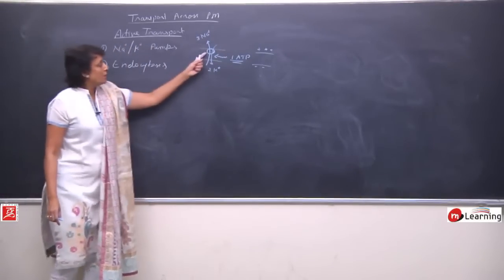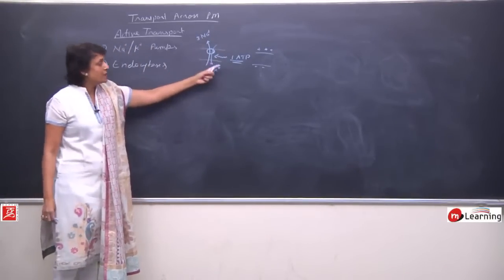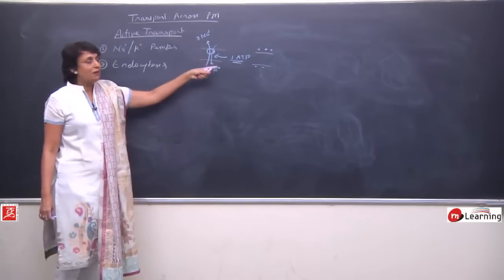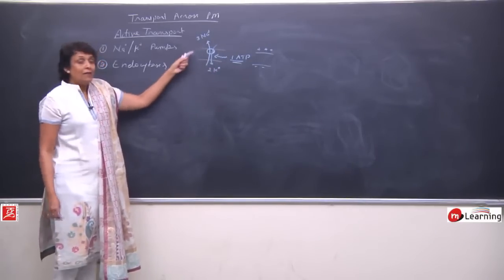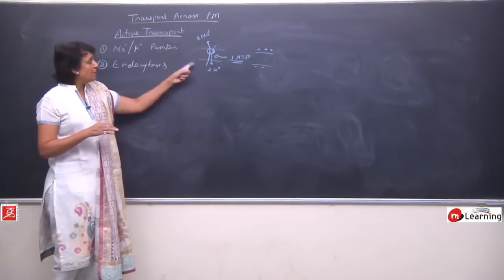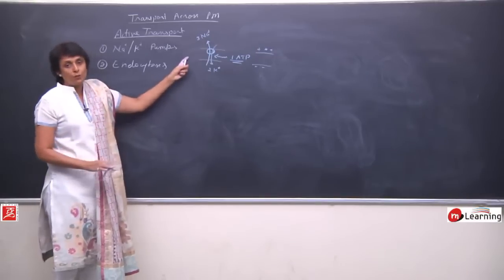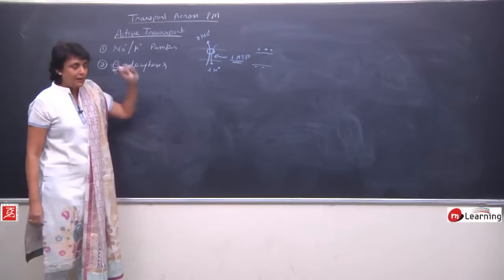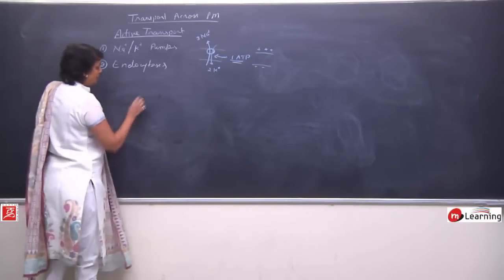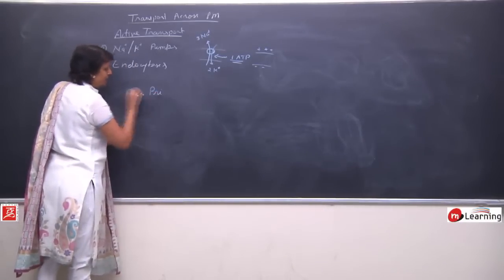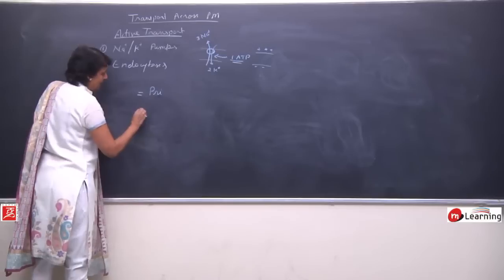So, these pumps, which are sodium potassium pumps, work with expenditure of energy. And why are they known as sodium potassium pumps? Because they primarily help only in exchange of sodium and potassium. Active transport can be primary as well as secondary.